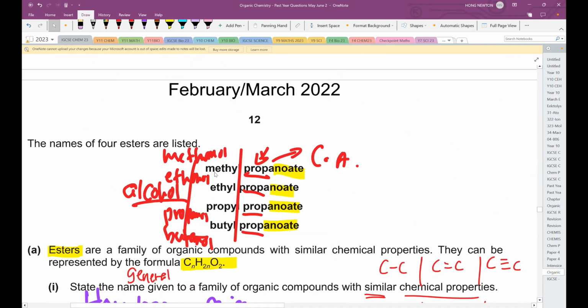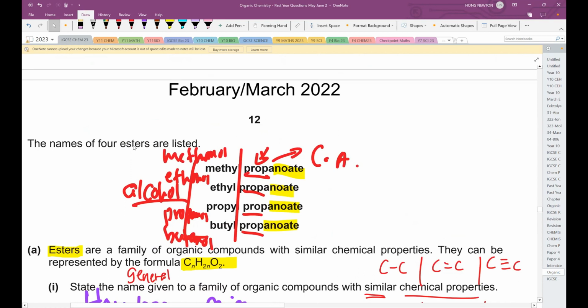When you look at the name like this, so this is the root's name. The roots normally will follow the alcohol roots, the root name. Okay, the methanol, ethanol, propanol, butanol is actually the roots, the alcohol group, the root's name.